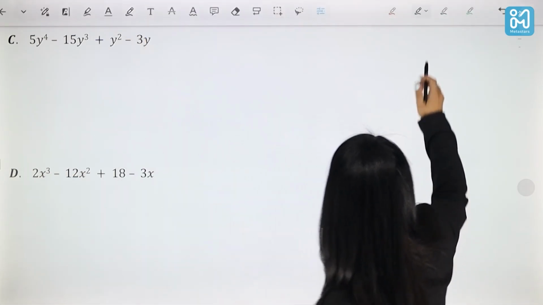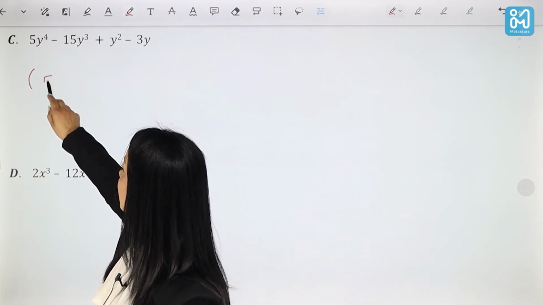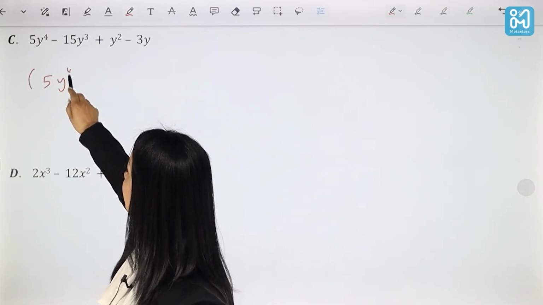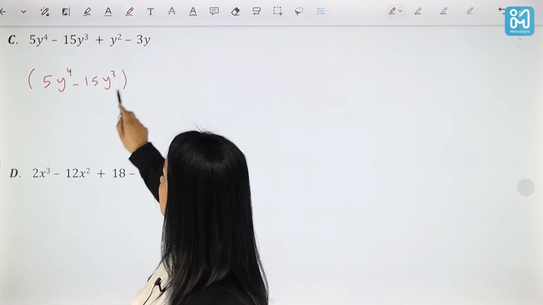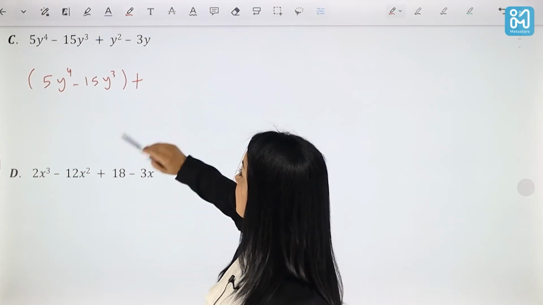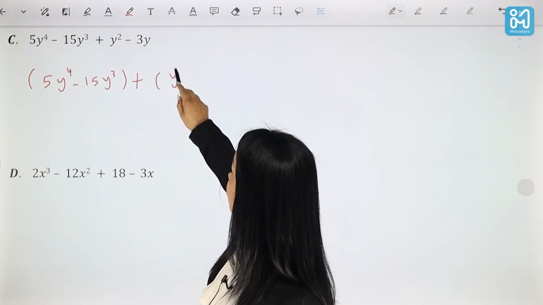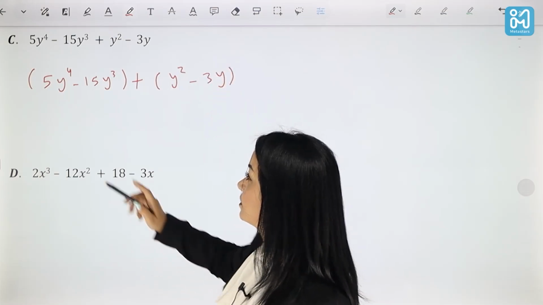First one, 5y to the power 4 minus 15y cubic. Close it. Always I need to keep the addition sign. Then here y to the power 2 minus the 3y.